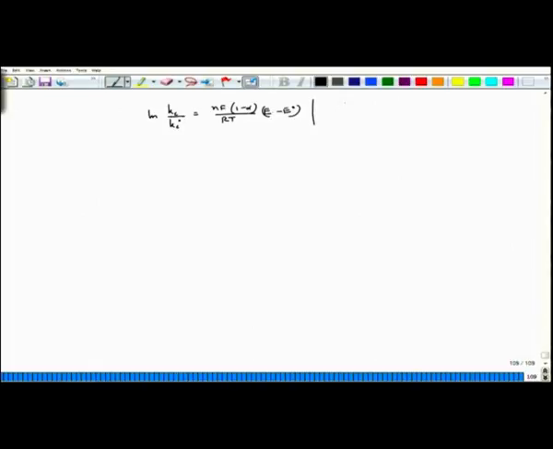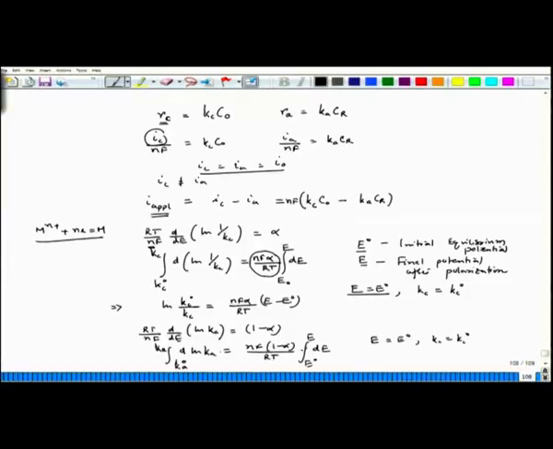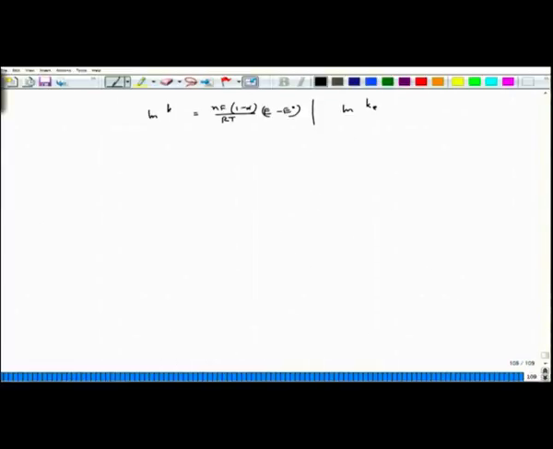This is oxidative, and in the other case, ln Ka0 by Ka... here it would be, if we say this should be Ka, this would be Ka0, and this is Kc0 by Kc equal to Nf alpha by RT (E minus E0).